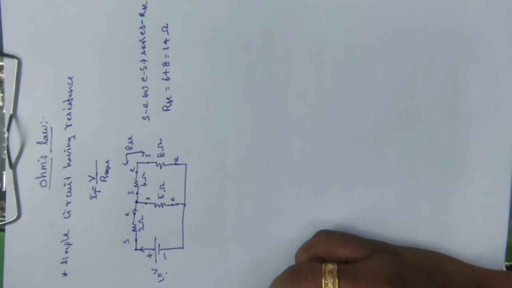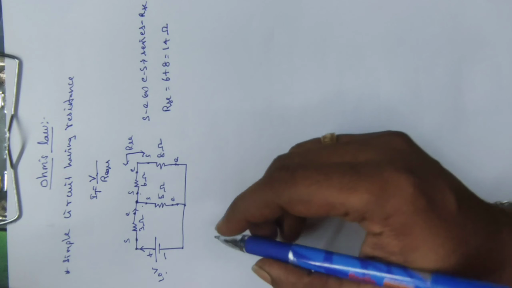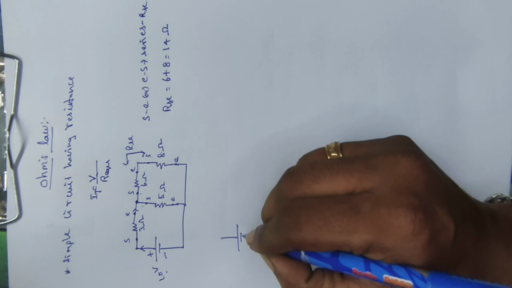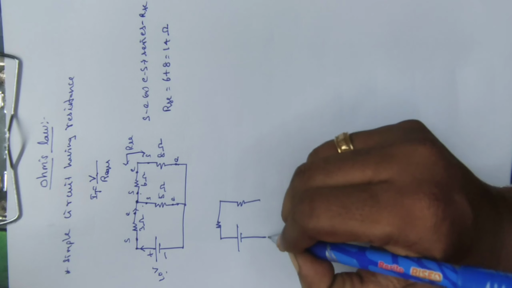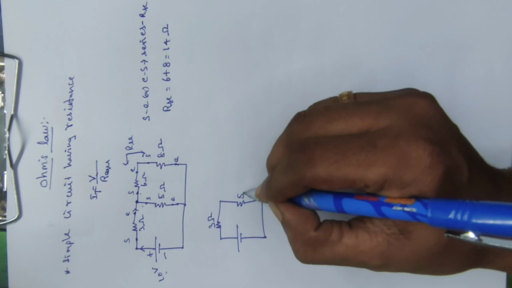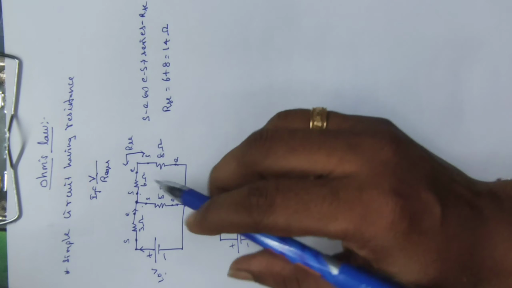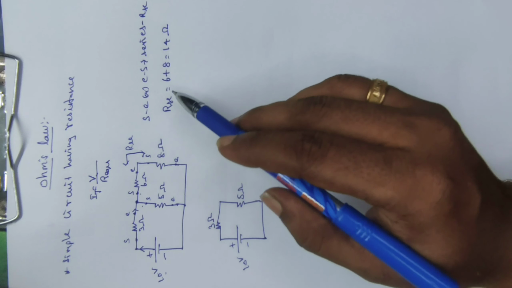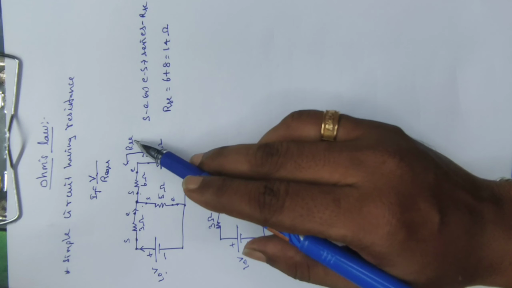Be careful, I will show you how to rewrite. I haven't touched this entire loop, so first you write that loop as it is. My circuit will have these resistance values, which I haven't touched. Now instead of these two, I get only one answer, 14 ohm, which is the RSC.